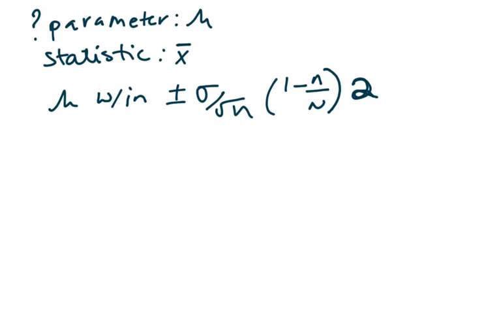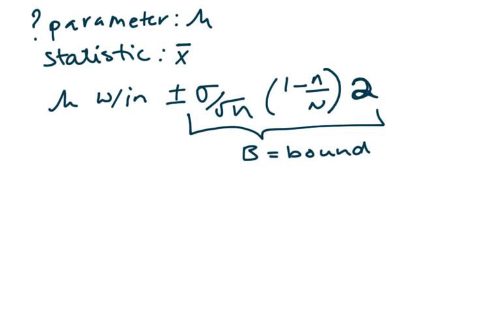And this bound is what we're going to call B, bound: how far away we think mu is from our estimate of x bar. It's within that distance in either direction. So those are the ideas of what we are taking. This is our bound. This is going to be our variance of x bar.